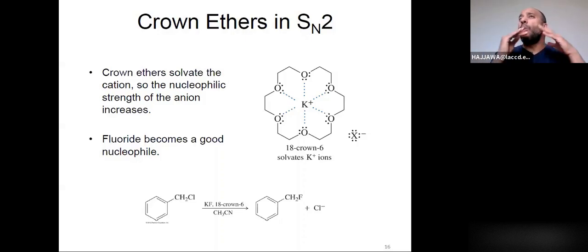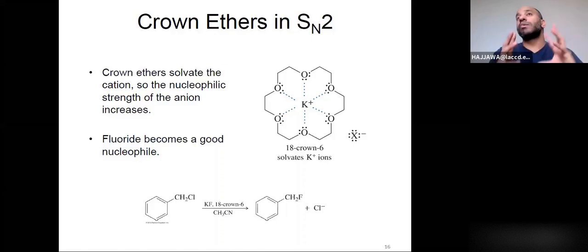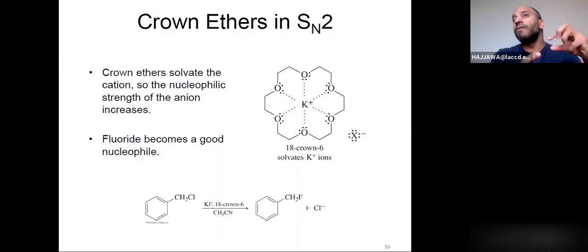How would the polar aprotic solvent help the reaction rate of an SN2? It's going to do solvolysis, solvating the cationic part of the nucleophile, and once you trap the cationic part of the nucleophile, you're freeing up the nucleophile to attack faster.